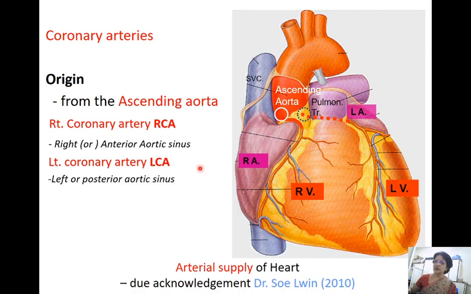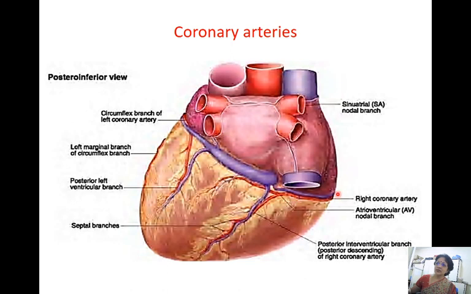I'll try to show you the posterior view. Now this is a posterior view where you can see the left atrium at the back, with the four pulmonary veins entering. This would be the posterior view of the right atrium.